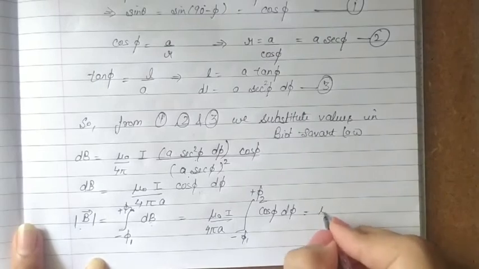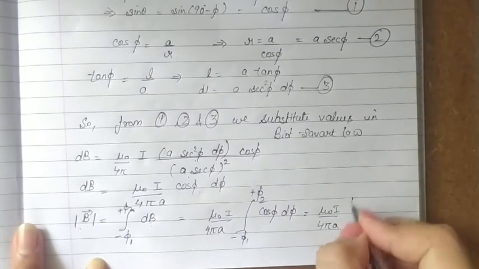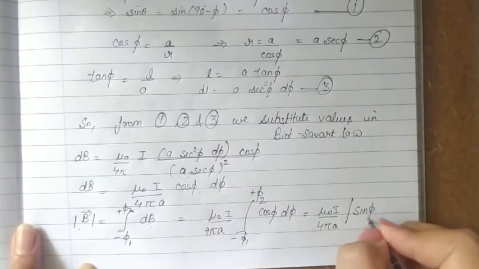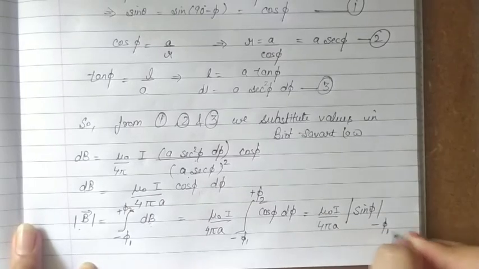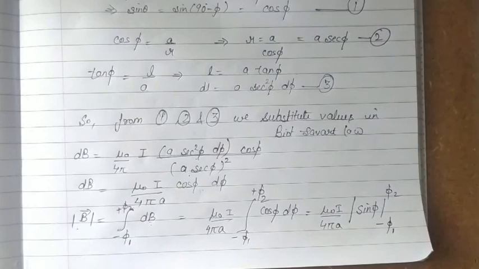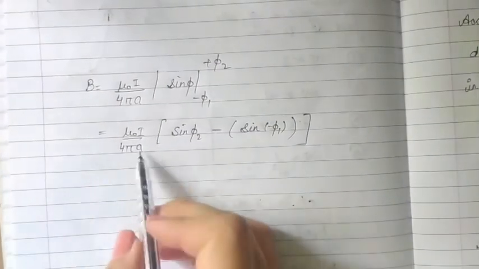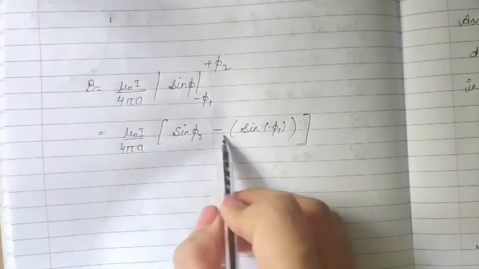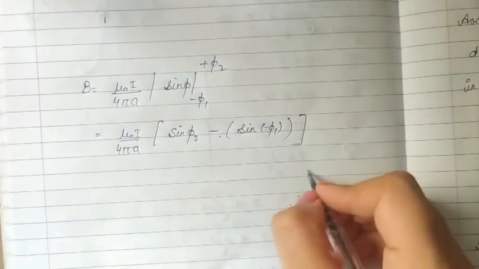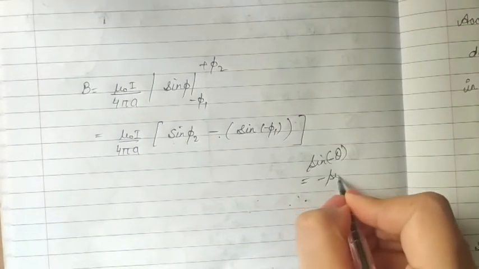On solving this we get mu naught I upon 4 pi a, and the integral of cos phi is sin phi, and we put the limits minus phi 1 to plus phi 2. On substituting this we get the answer: mu naught I upon 4 pi a times sin phi 2 minus sin of minus phi 1. But the property of sine is that sine of minus theta is equal to minus sine theta.